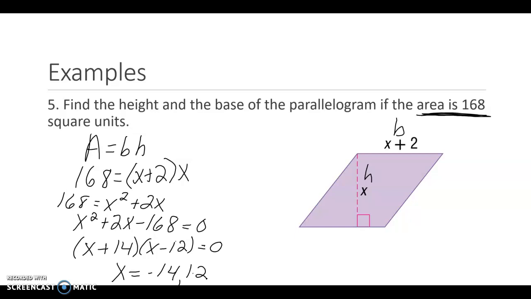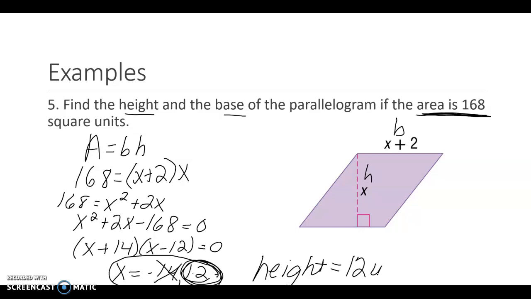Let's think about the context of the problem, what we're trying to find, height, base. If I try to substitute in a negative 14, I'm going to get a negative height. That is not going to work. So we're looking here at x equaling 12. Okay, and let's actually answer the question. So then the height, if x is 12, is going to be 12.